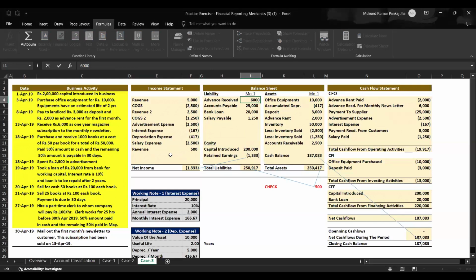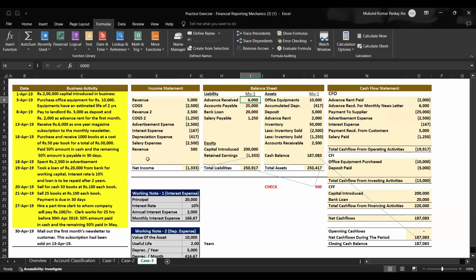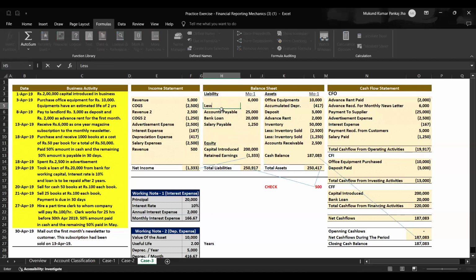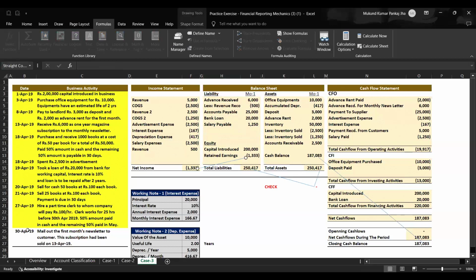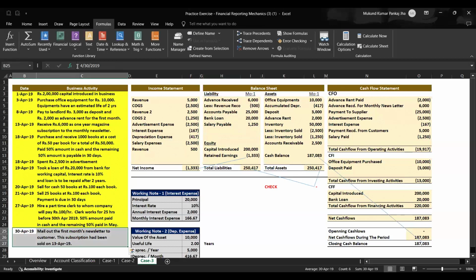And that is why I will reduce this advance received with revenue recorded, and that would be minus 500. And I am done with this.